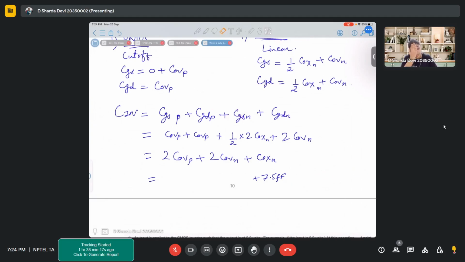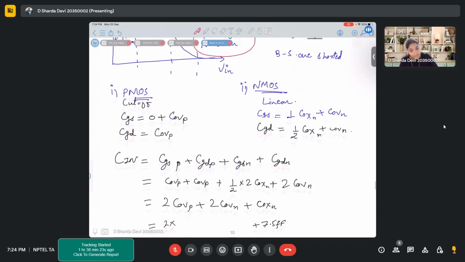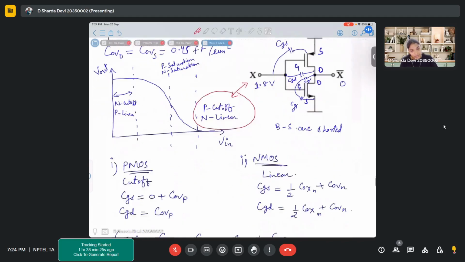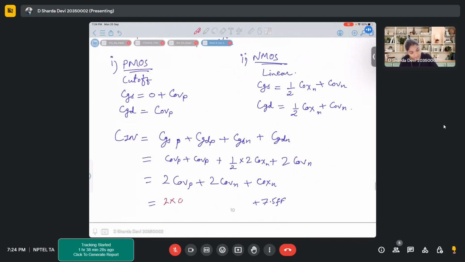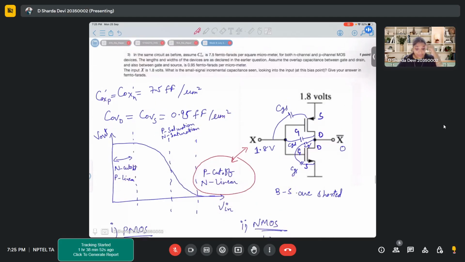Cox is how much? 7.5 femtofarad. 2 into C overlap is 0.95, 0.95 plus 0.95 into 2. So what is the total capacitance that we are getting? 7.5 and 0.95.